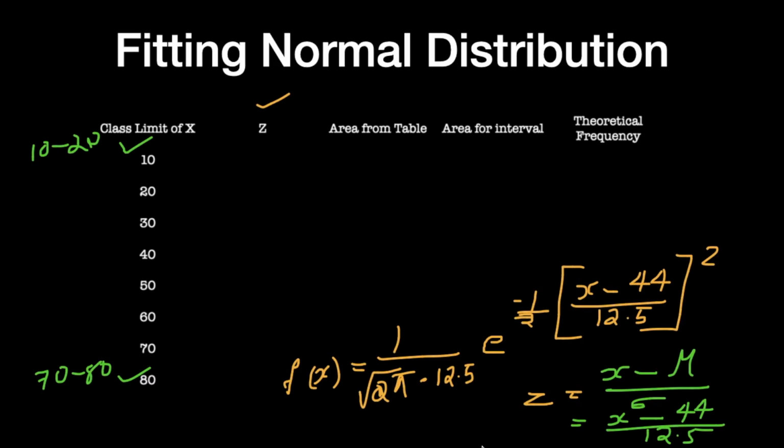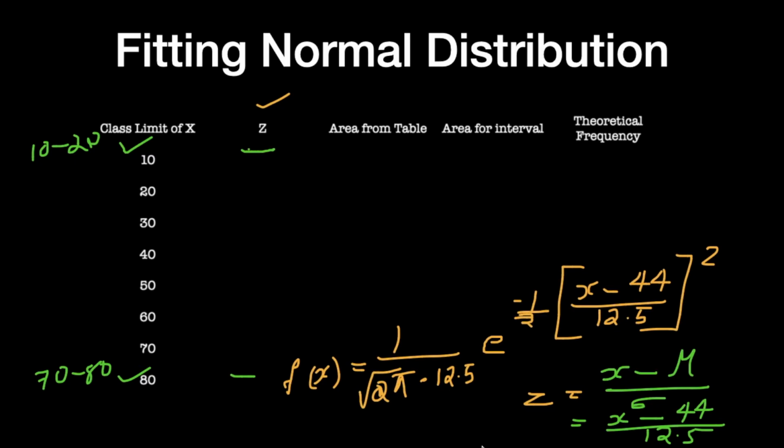Now, while calculating the standard normal variate, we have to calculate it for each x value. But for the first class limit, which was 10, we will not calculate Z. For the last class also, we are not calculating the Z value.